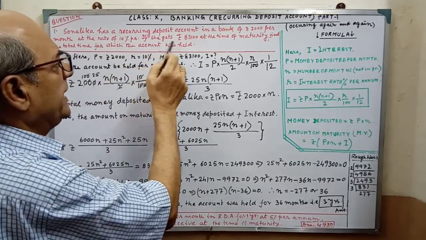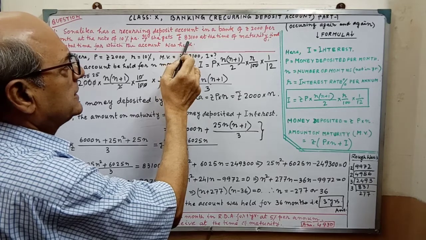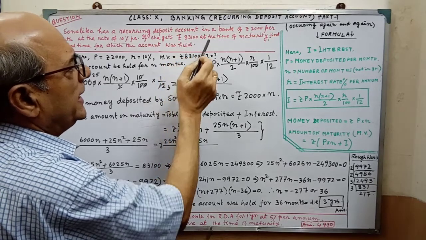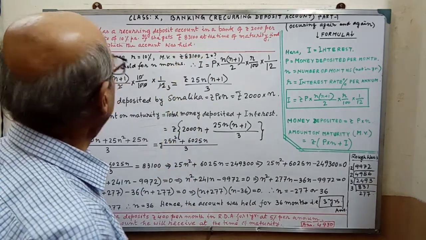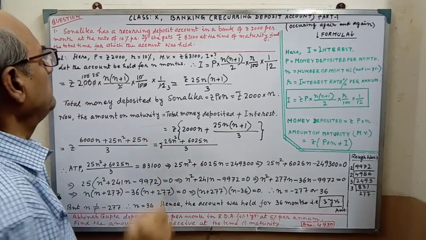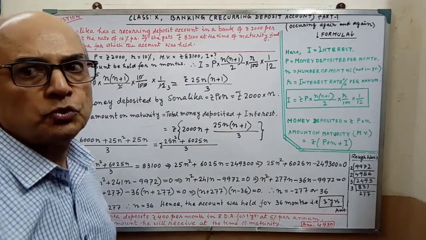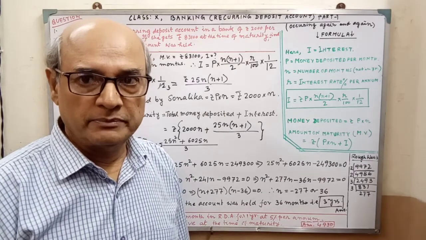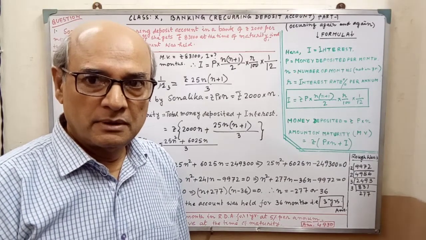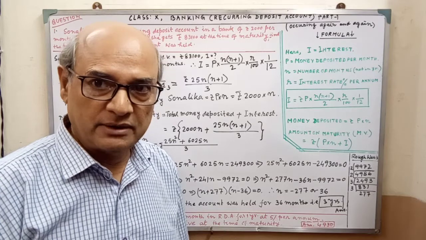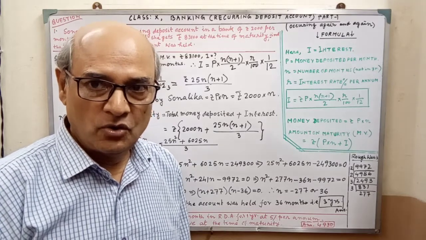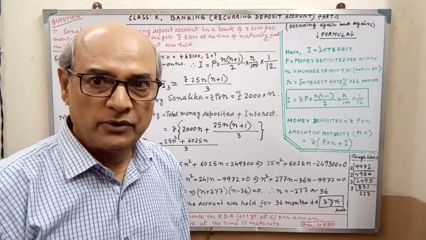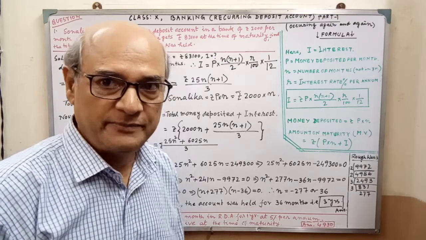If she gets rupees 83,100 at the time of maturity, find the total time for which the account was held. You have to go through the problem and understand the problem clearly. What are given and what is required.